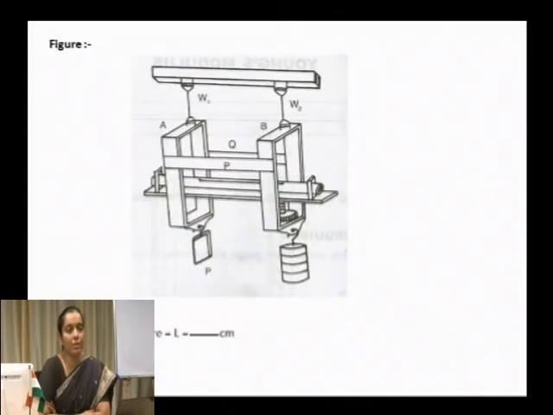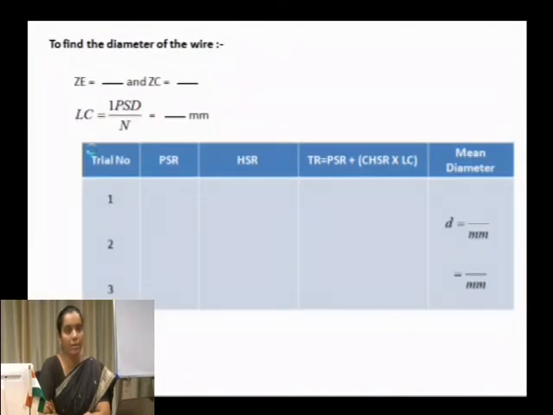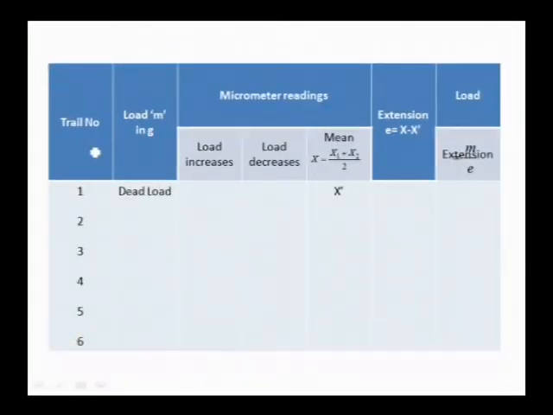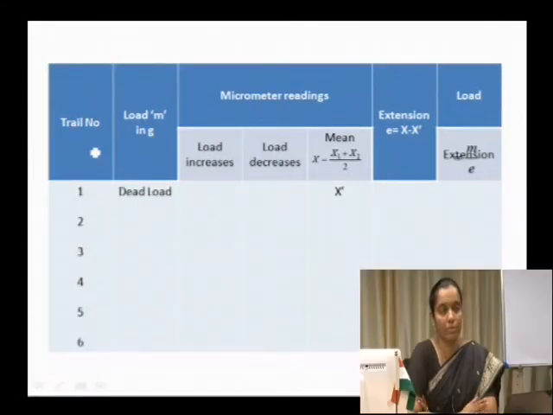So, after calculating the least count, without adding any load on W2, we first take a reading on the Searle's apparatus micrometer, and we tabulate it as the dead load. We have not added any load to W2, only W1 is acted upon by a dead load.